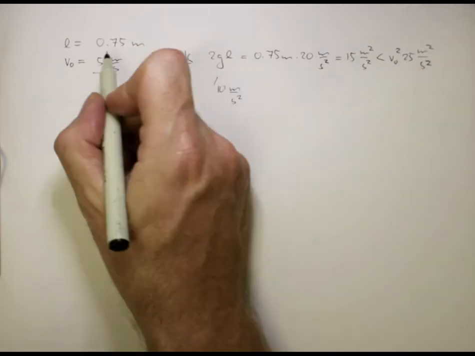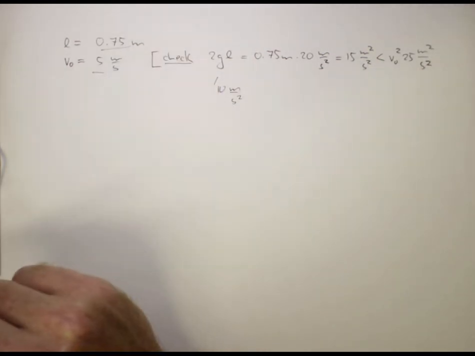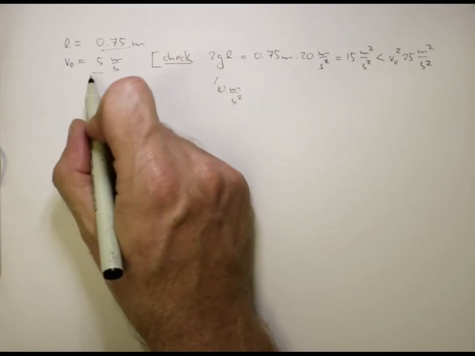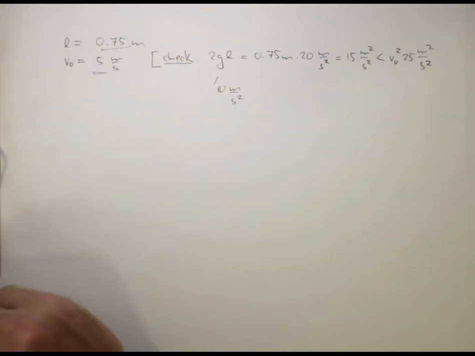So for these initial parameters of 0.75 meters and the speed of 5 meters per second, we can indeed expect that the tennis ball will be on a circular orbit.